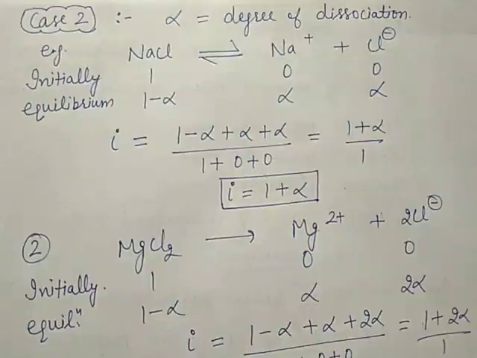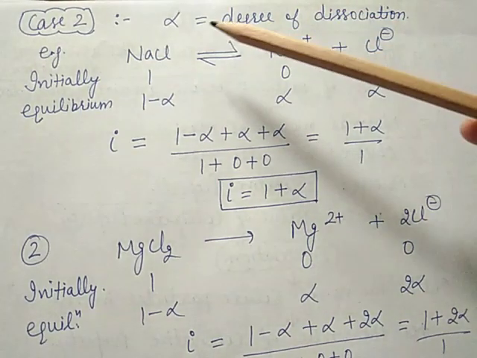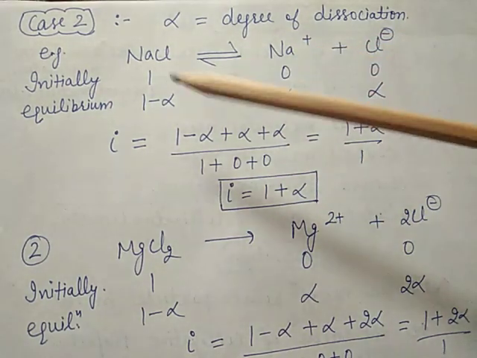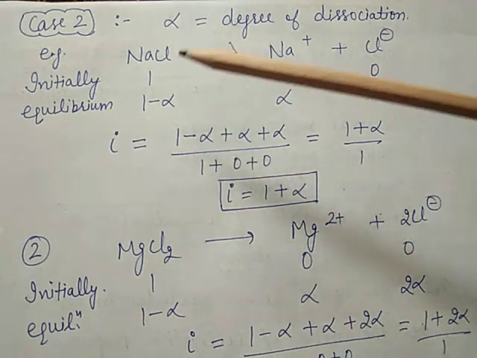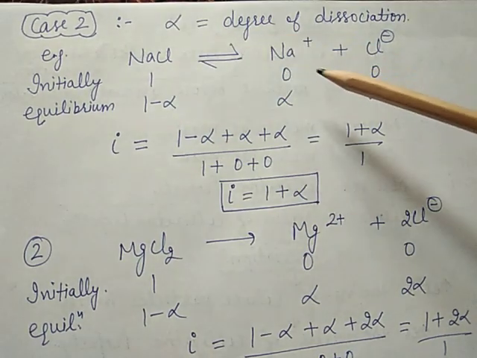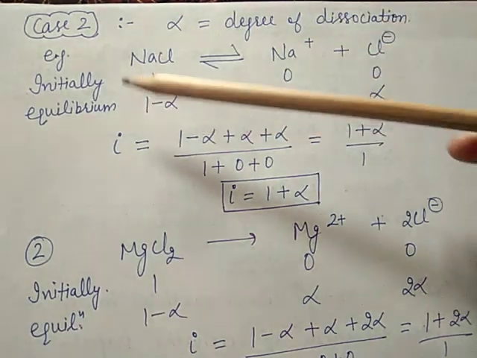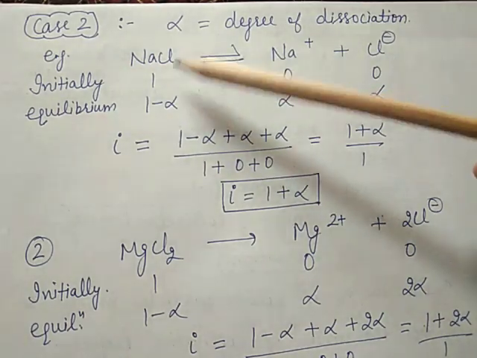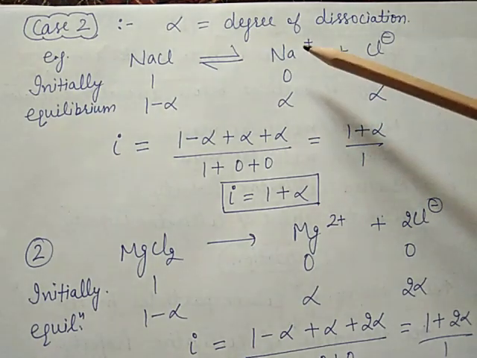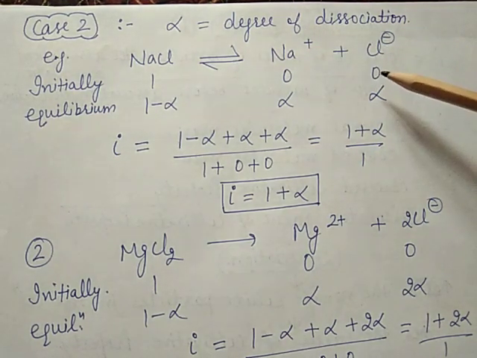Now case number 2. Suppose alpha is the degree of dissociation. Take one example. NaCl dissolved in water dissociates into two ions, Na positive and Cl negative. Initially, here 1 mole of NaCl and here 0 mole, and chloride also 0 mole.